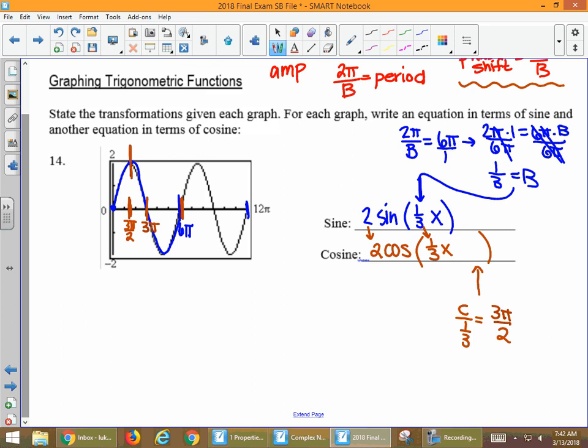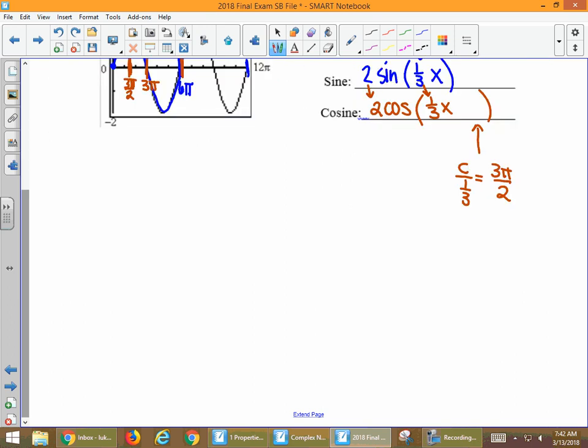So it's a little tricky with these fractions happening, but we're going to multiply both sides by 1/3. Don't flip that fraction. You're dividing by 1/3, so multiply both sides by 1/3. There, my 3's are going to cancel, so I'm going to be left with pi over 2. And it's pi over 2 to the right, so I'm going to minus pi over 2.